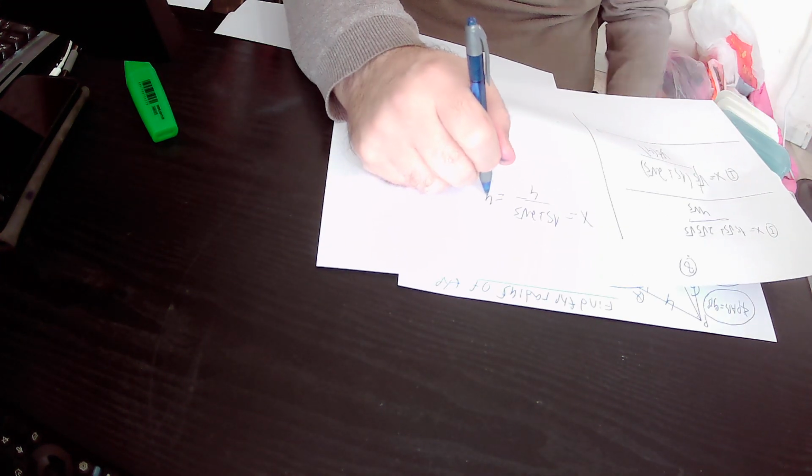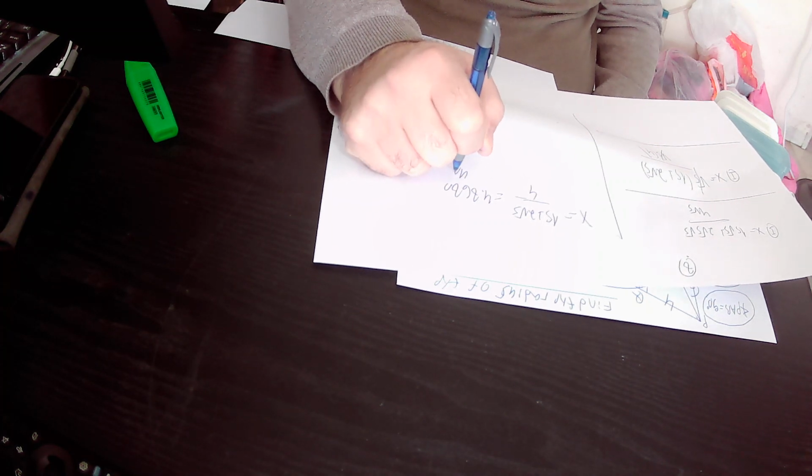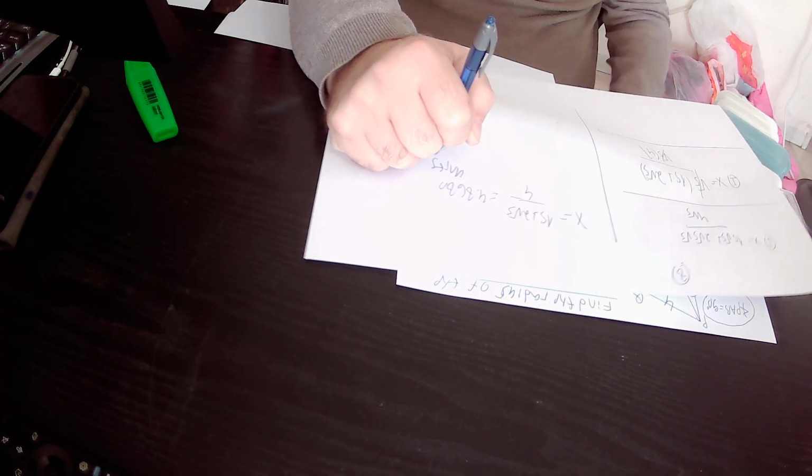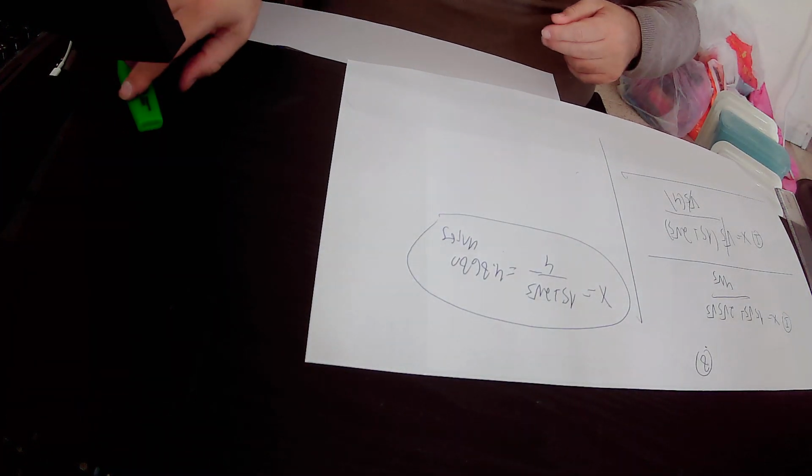X, that is the radius of this semicircle, equals 4.8680 units. And that is the answer to the question. So in the next step, I'll summarize the lecture.